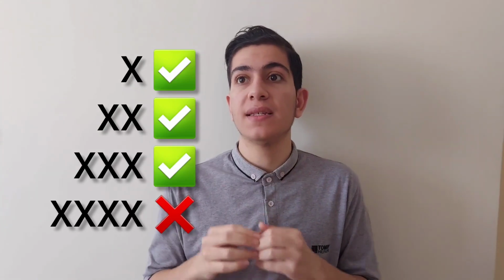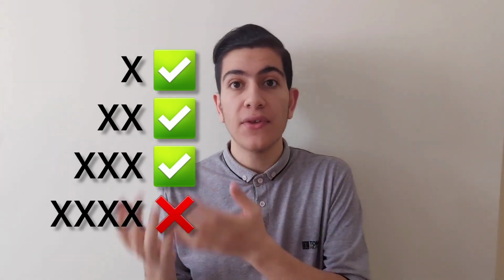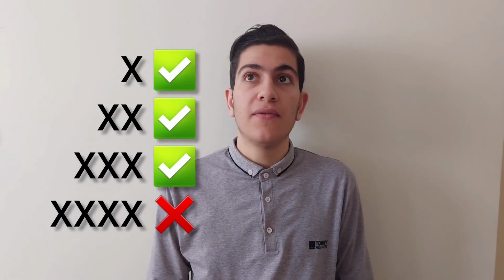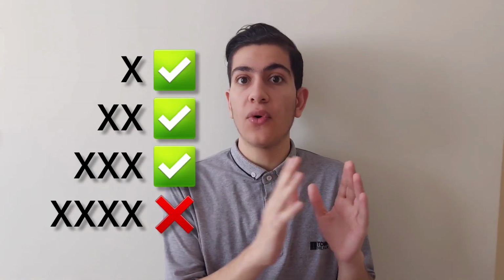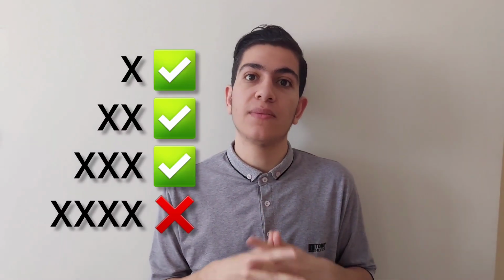The first rule is that a symbol does not appear more than 3 consecutive times. For example, X means 10, XX means 20, and XXX means 30, but we don't have 4 X's in a row. That's not possible and not permitted.